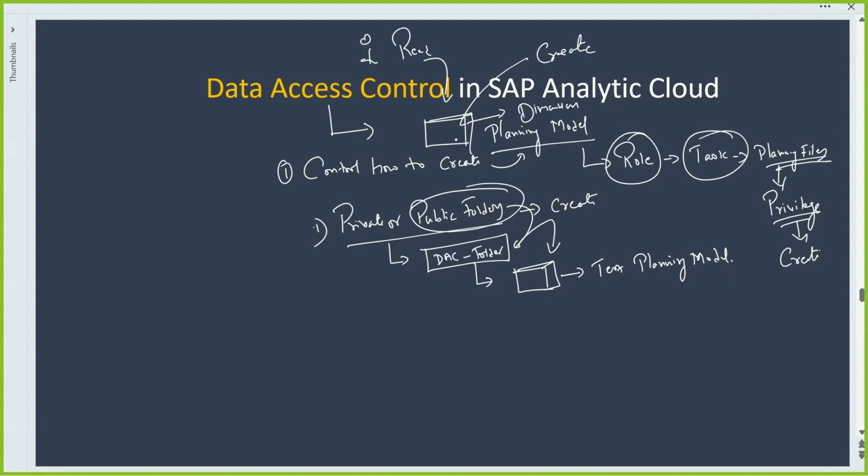And which user can create properties, then hierarchy, then DAC and locking properties? This is all the metadata of your dimension, all the structural data of your dimension. So you can control this.